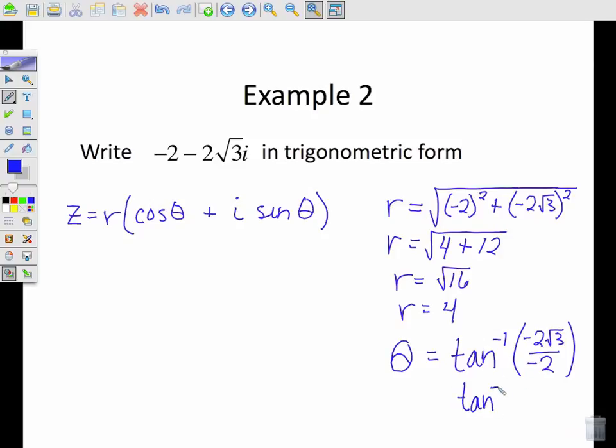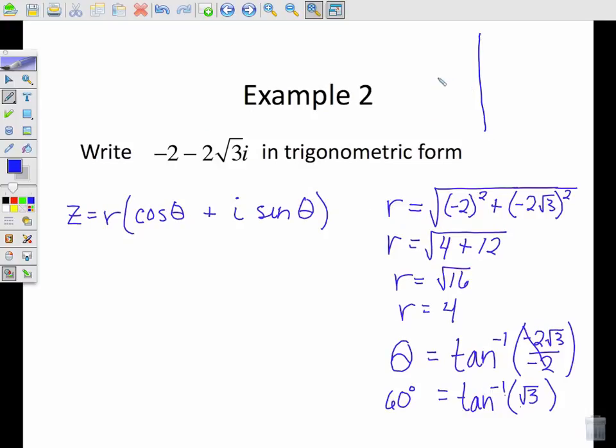So we're looking at inverse tangent of, the negatives cross out, the 2's cross out, inverse tangent of the root 3. And we also need to know that this gives us a result of a 60-degree angle.